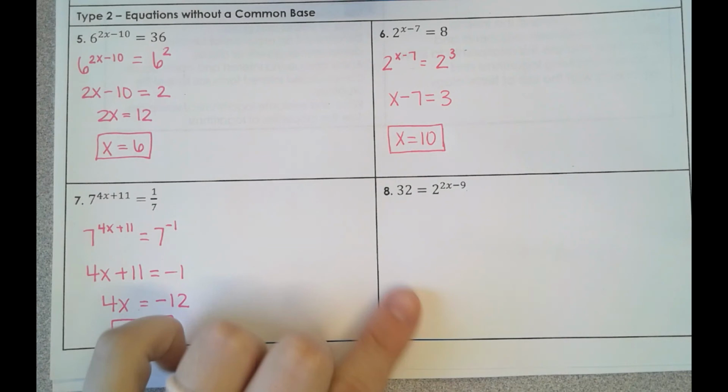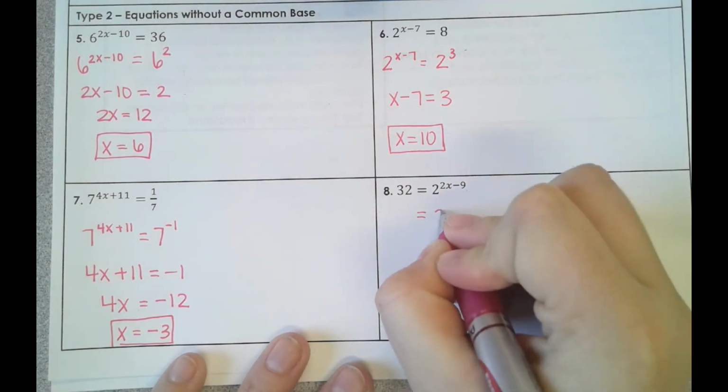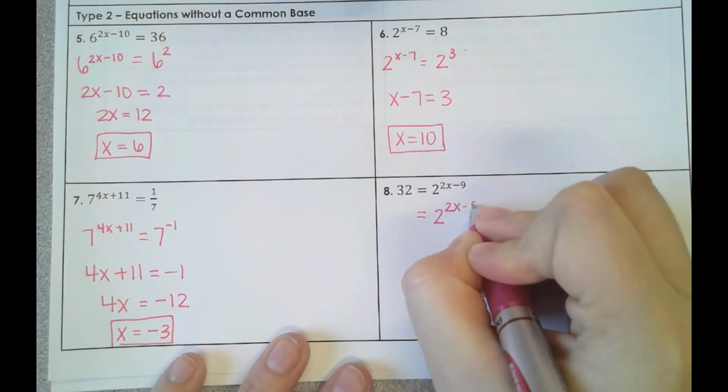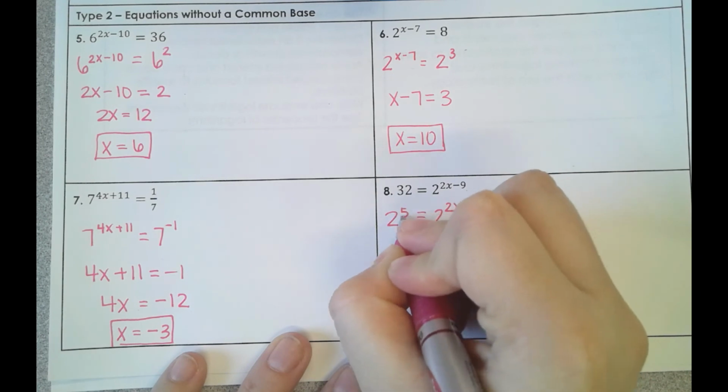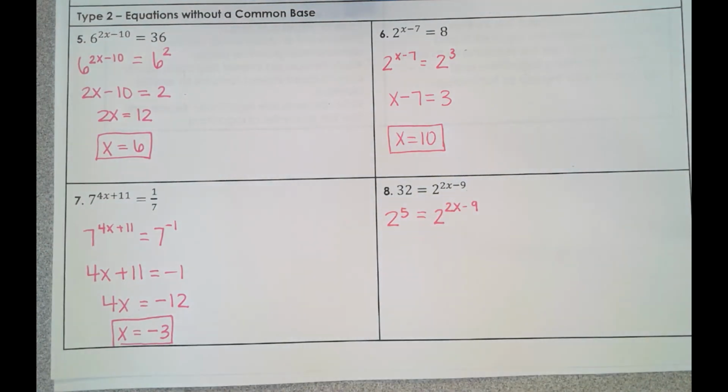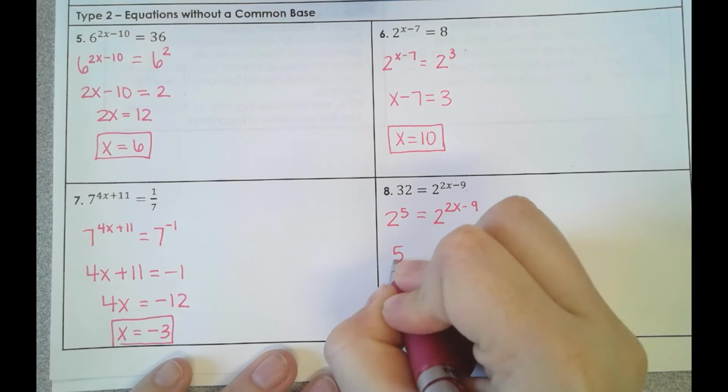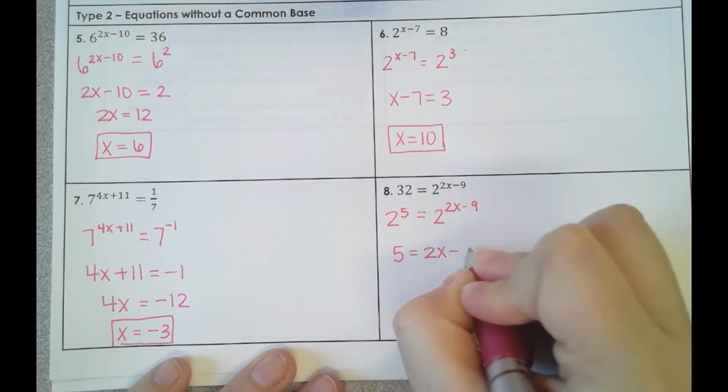All right, number 8. We have a 2, a what? Yes. 2 to the 5th power is 32. If you didn't know that, just test it out in your calculator. 2 to the 3rd power, 2 to the 4th, 2 to the 5th, until you get it. So then we have 5 equals 2x minus 9.